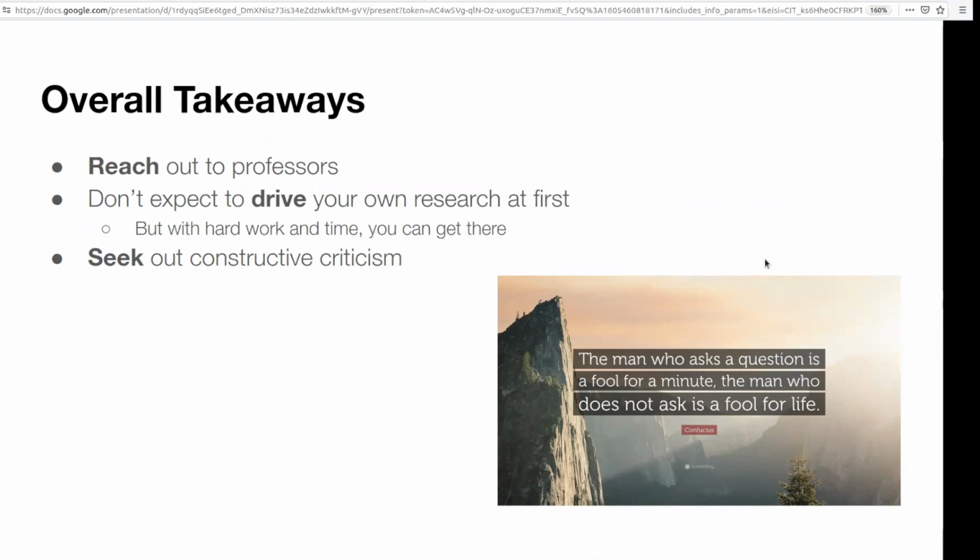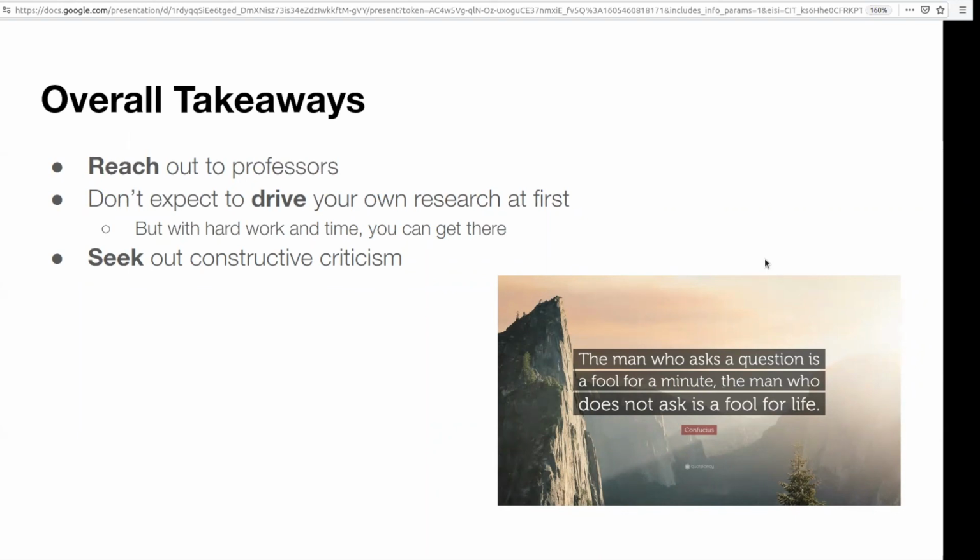And I have a quote here by Confucius, and I think it has encompassed my research experience, and I want you guys to keep it in mind: the man who asks a question is a fool for a minute. The man who does not ask is a fool for life.